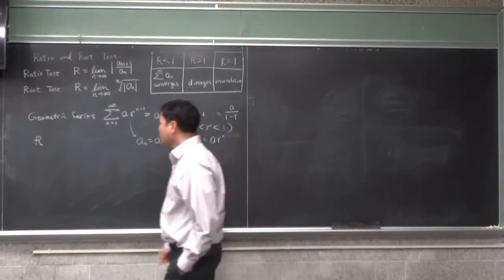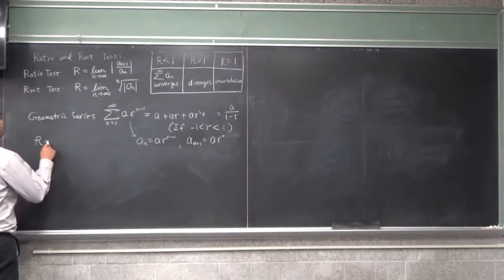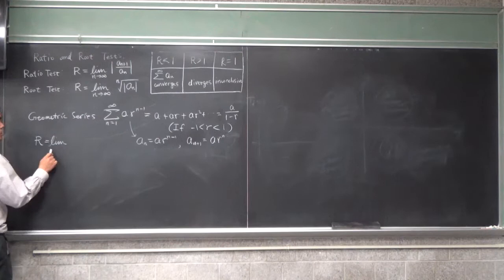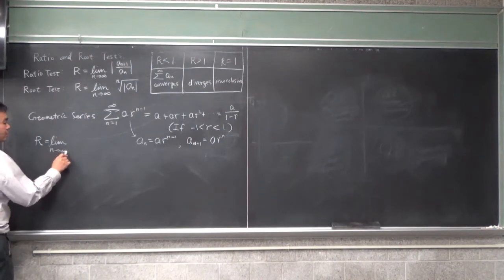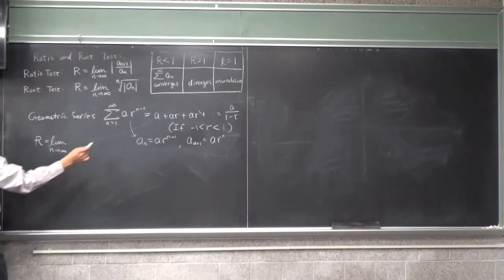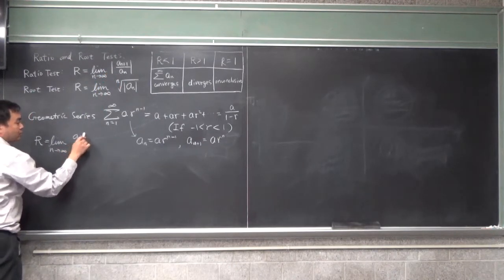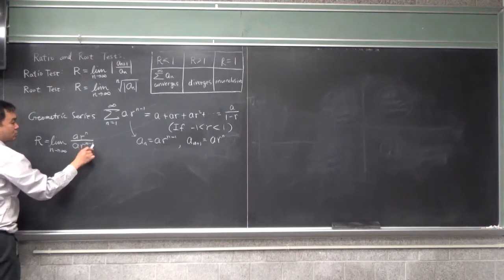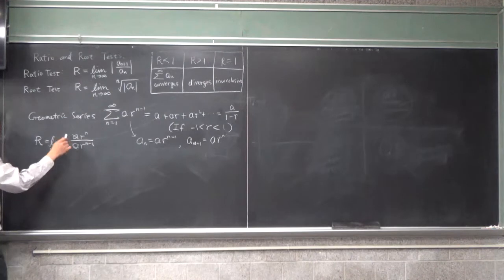So with the ratio test, you have the limit of n going to infinity of an plus 1 over an, so I take a r to the nth power divided by a r to the n minus 1 power, and all the a's cancel.